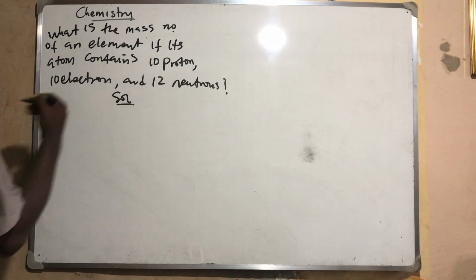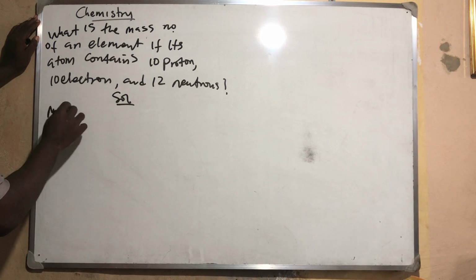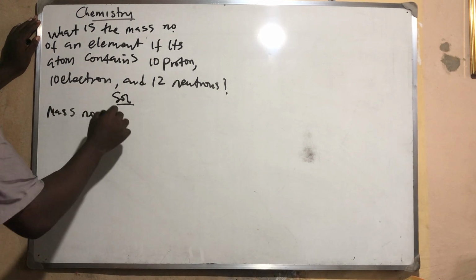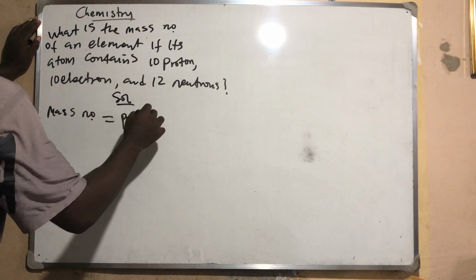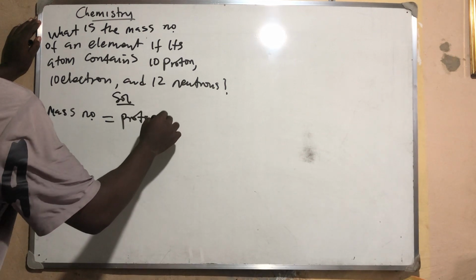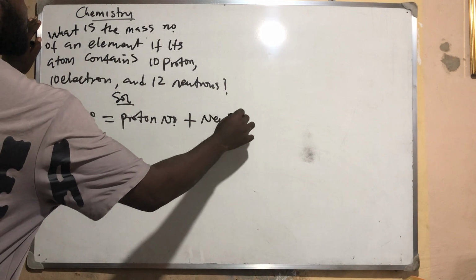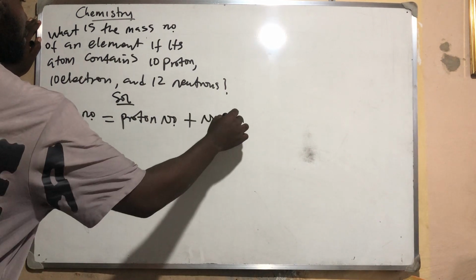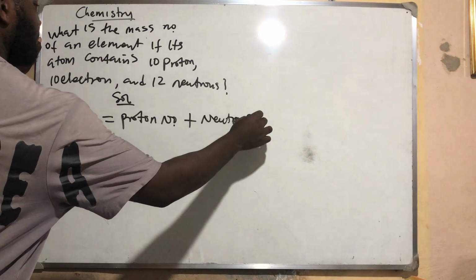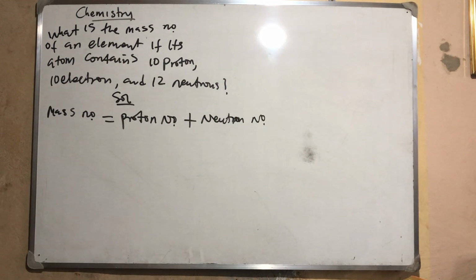Solution. So just know that mass number, like I said before, is equal to proton number plus neutron number. Now always use proton number, because if it is an ion, electron will not work.